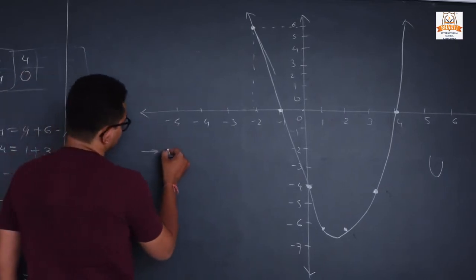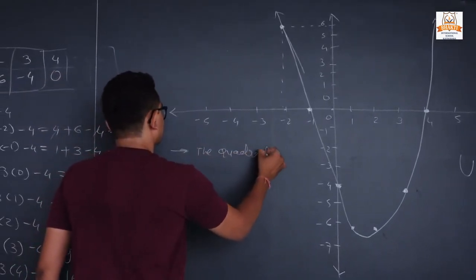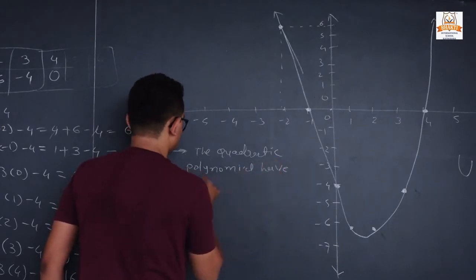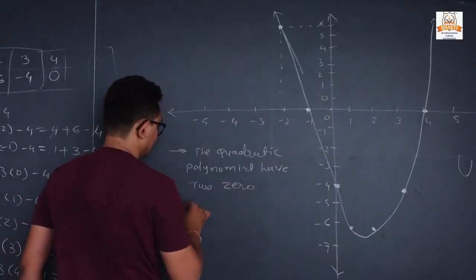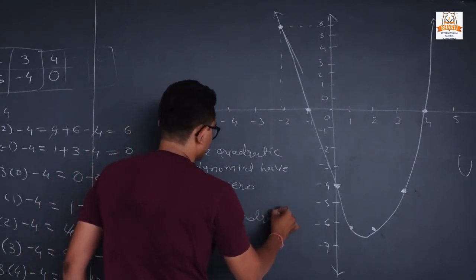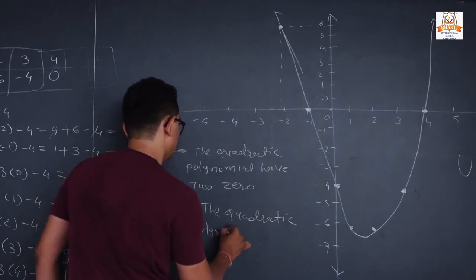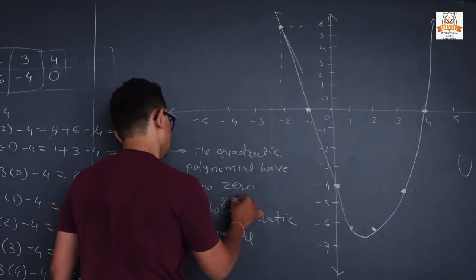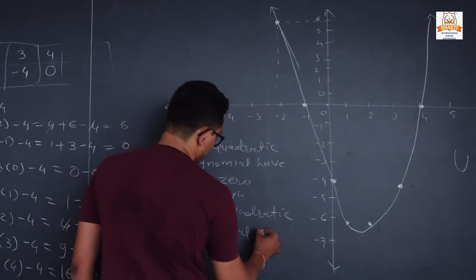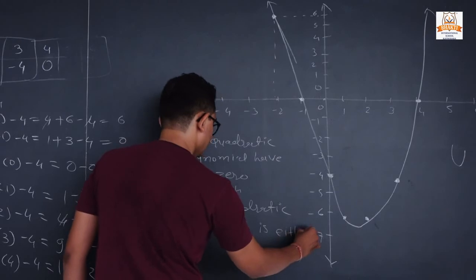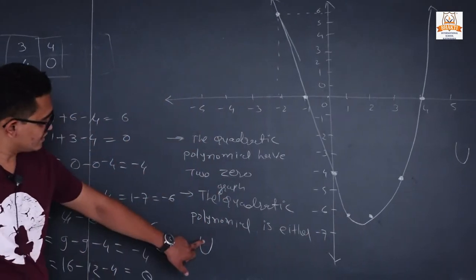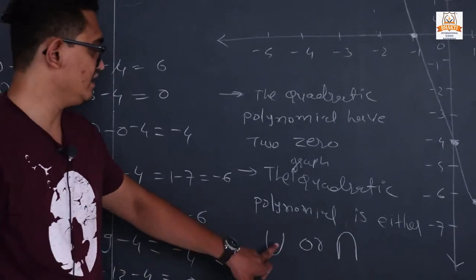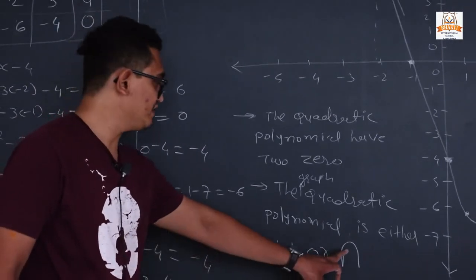First, a quadratic polynomial has 2 zeros. Second, the graph of a quadratic polynomial is either an upright U or a reverse U. Clear? Either we get the shape like a U or the reverse U.